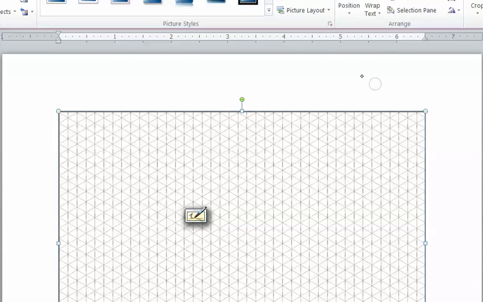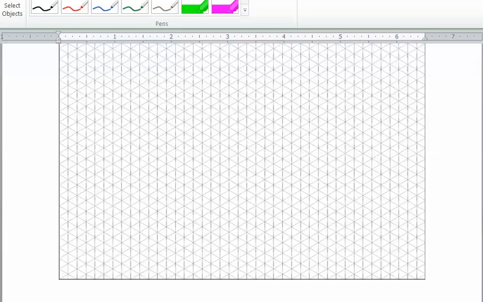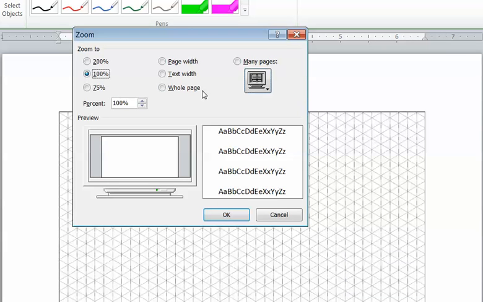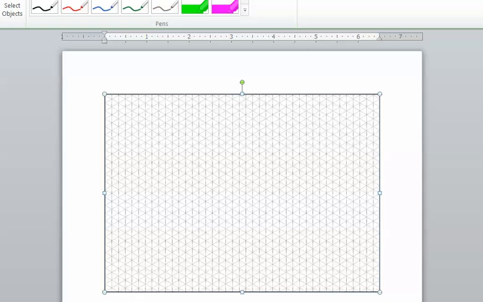Hopefully, now, let's pull up the pen. I should be able to start to draw this using my ISO paper here.